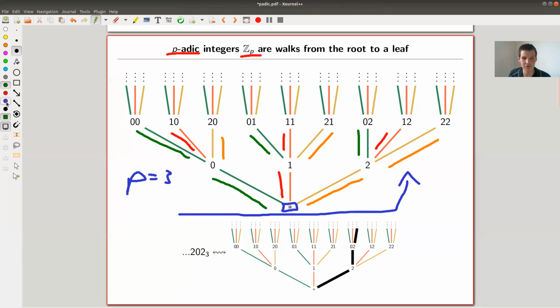So I will write them down as follows, like this one here. The little 3 is just a reminder that my chosen prime is 3. And then I had orange here, so orange was 2. Then I had green, which was 0. And then I had orange again, which was 2, and so on. It's just remembering where I walk along the tree, right? So 2, 0, 2.